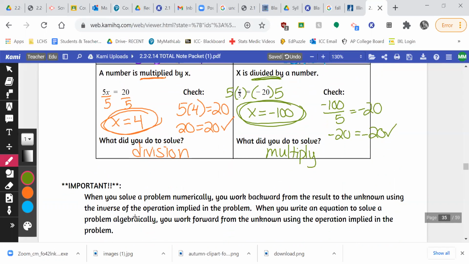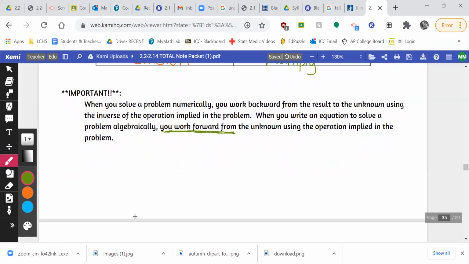So something that's important, when you solve numerically, you work backward from the result to the unknown using the inverse operation implied in the problem. When you write an equation to solve the problem algebraically, you work forward from the unknown using the operation. So we are used to numerically working backward.